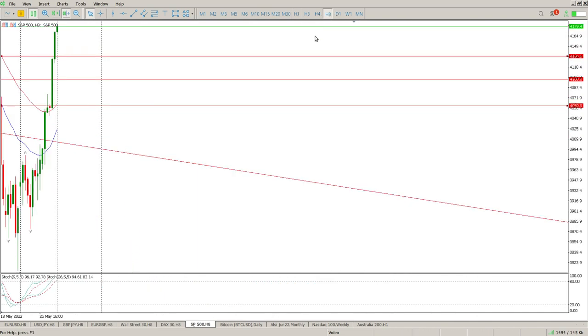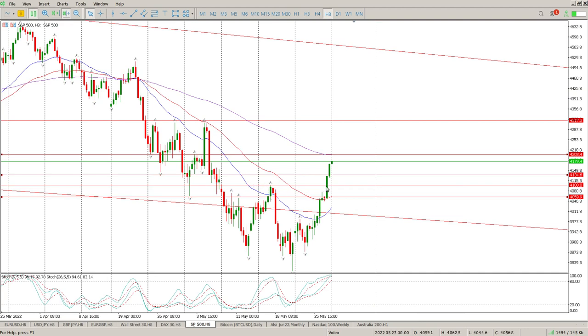Now, lastly, just back to the 8 hour. Remember, we have a big double bottom in play. Obviously, we need a pullback to 4,100 to verify it. We don't have that pullback just yet, so I wouldn't say it's verified. But if you do come back and pull back onto any structure in this area, it doesn't necessarily have to be the neckline, it needs to find some structure and start moving to the upside.